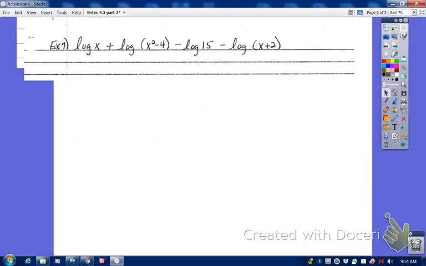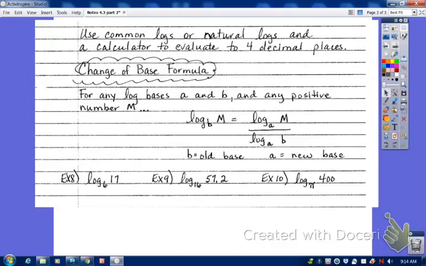All right, moving on. We're losing track here. Okay, this is where you're going to need your handy dandy calculator. Let's just go straight down to example 8. If I were asking you to evaluate log base 6 of 17 without a calculator, could you figure out what power to raise 6 to that would give you 17?